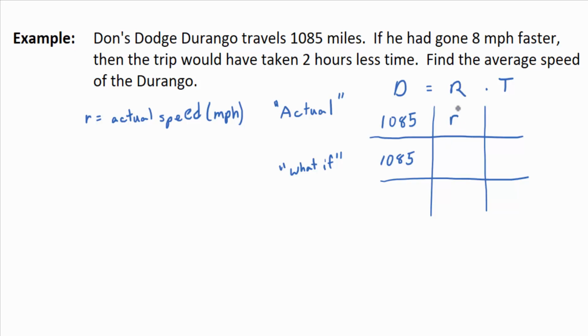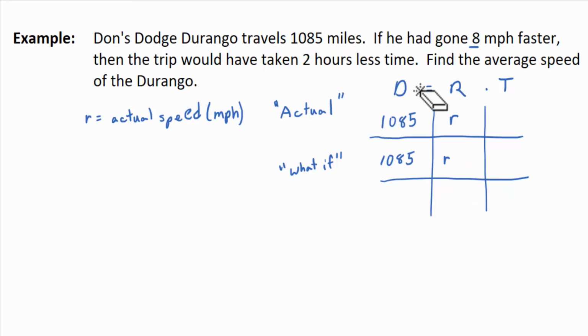What would it be, though, in terms of R, if he had actually gone faster? If he had gone 8 miles per hour faster, would you add or subtract? Add. There you go. So R plus 8. If you were to do that on the top with R minus 8, yeah, it would work. So what he's saying is perfectly fine.